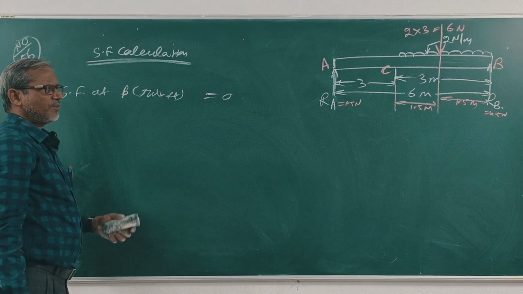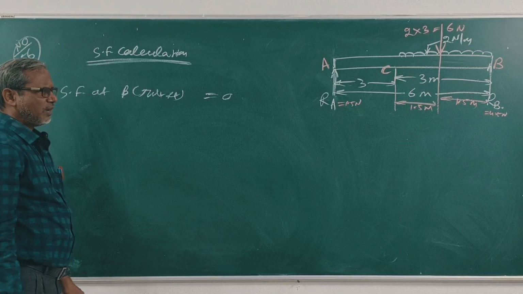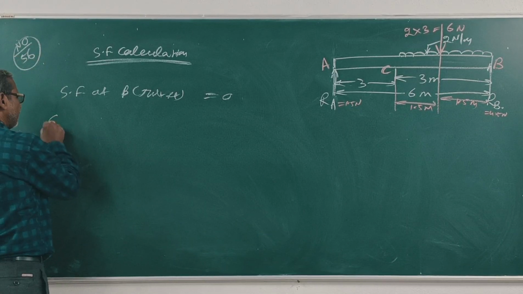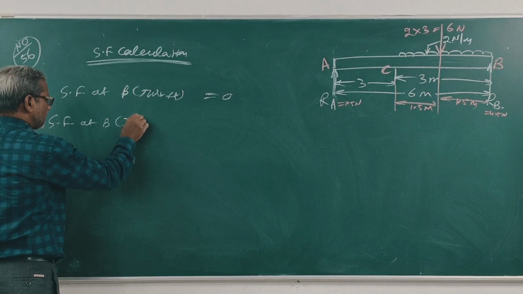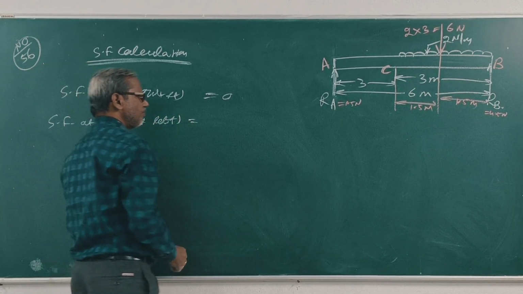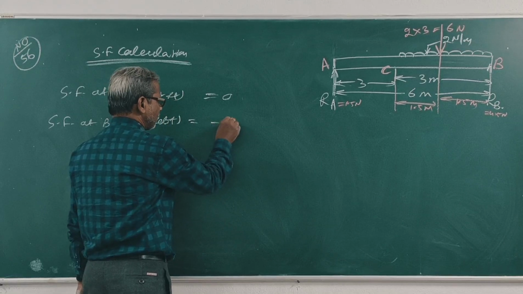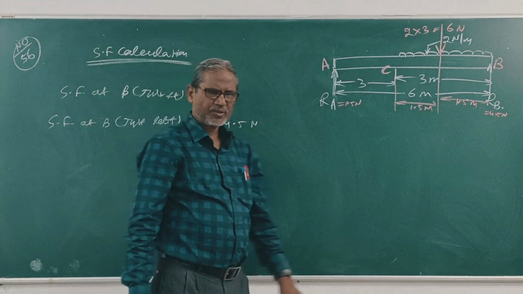Clear? At B the reaction is 4.5, that we will calculate for the left. Shear force at B just left is minus 4.5 Newton. Right?